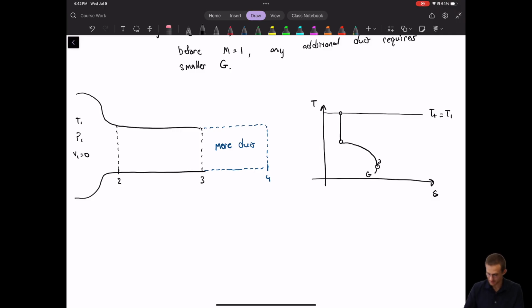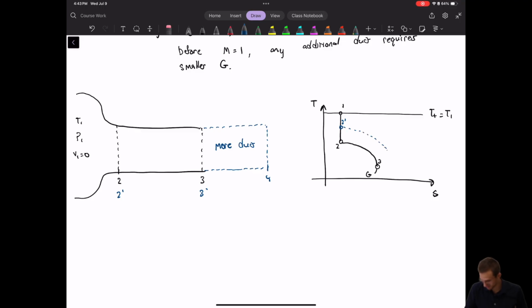And so we actually jump to a different Fanno line. So in that case, we have this 2' and 3' here, okay? And what it looks like here is we actually stopped earlier at 2' here. I should have labeled this 2 and labeled this 1. And then we jump onto a different Fanno line with a different G.